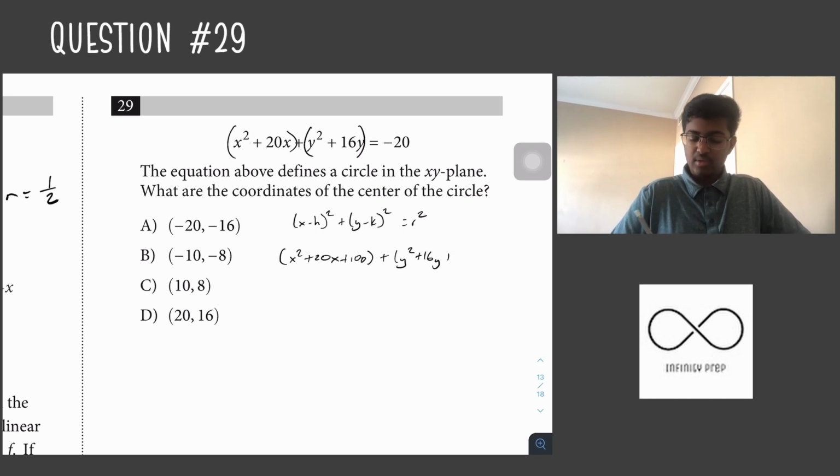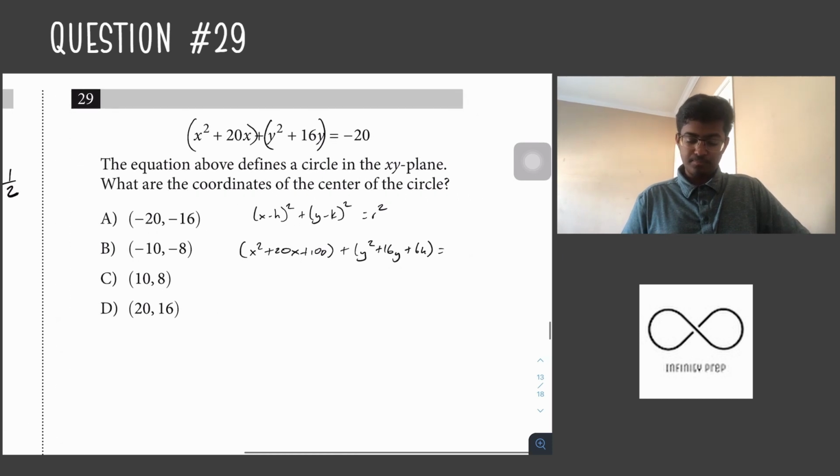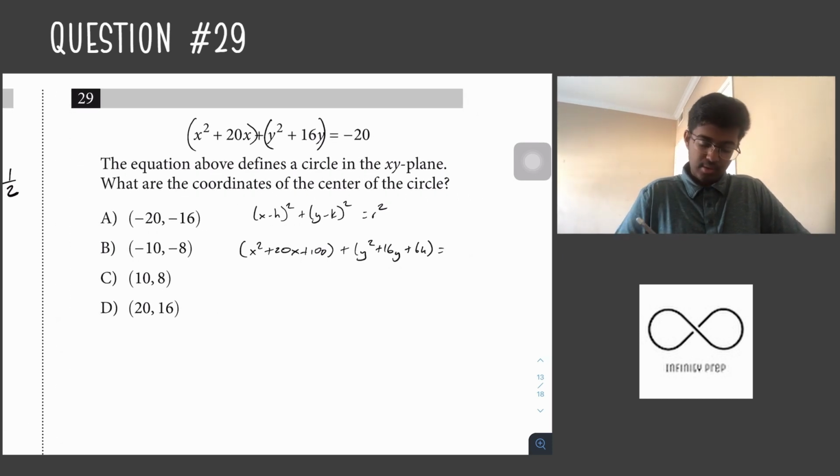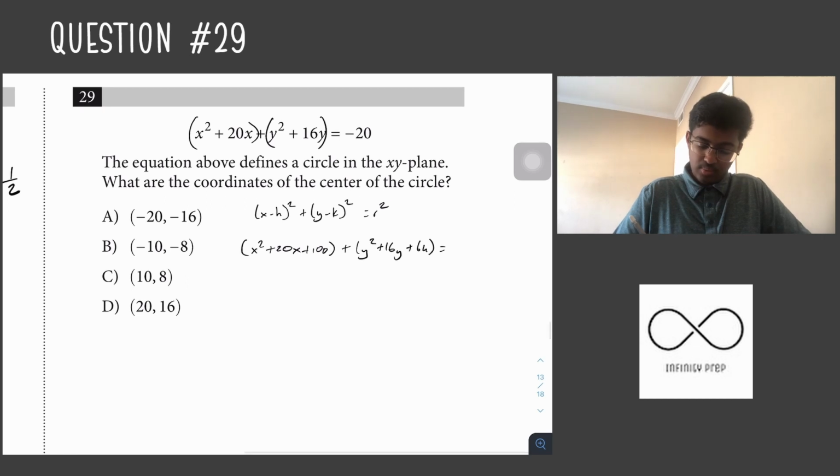We do the same thing here. 16 divided by 2 is 8, squared is 64, equals, and we have to add to the other side the 164. So 164 minus 20.